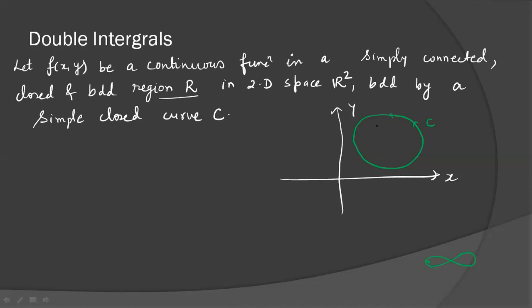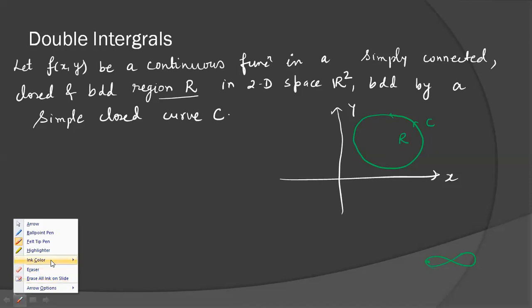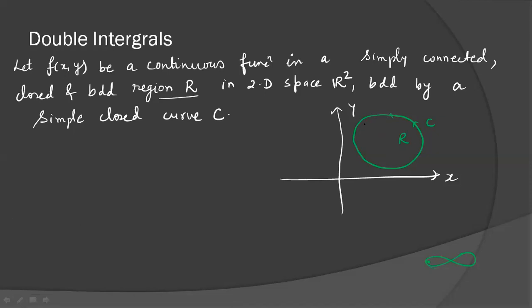So this is the region R, and this region R is bounded by the closed curve C. So how to calculate integration over this region in two dimensions?